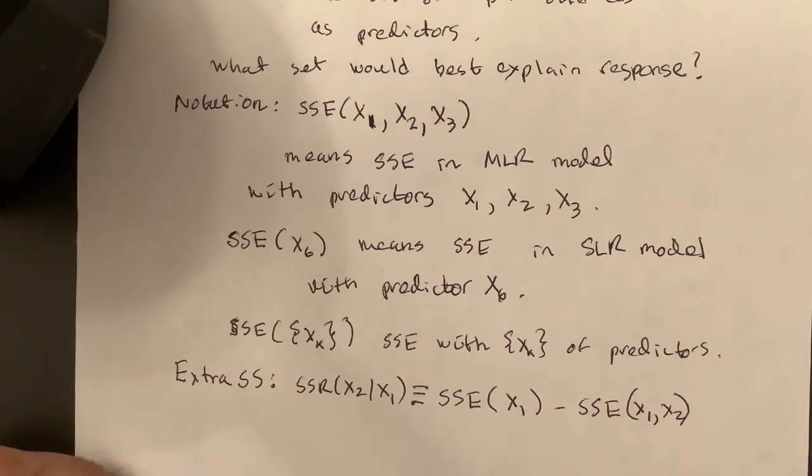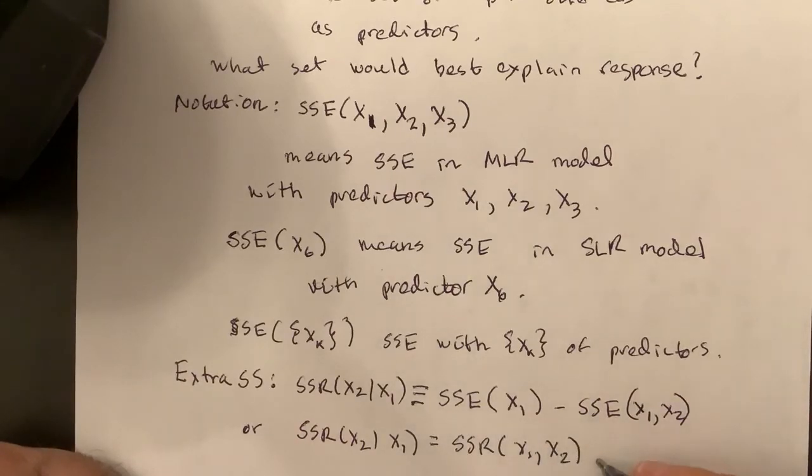I could also write it using SSRs. We could write SSR x2 given x1 is equal to SSR, the amount of explanation I get with, this is a little more intuitive maybe, x1, x2 minus SSR x1.